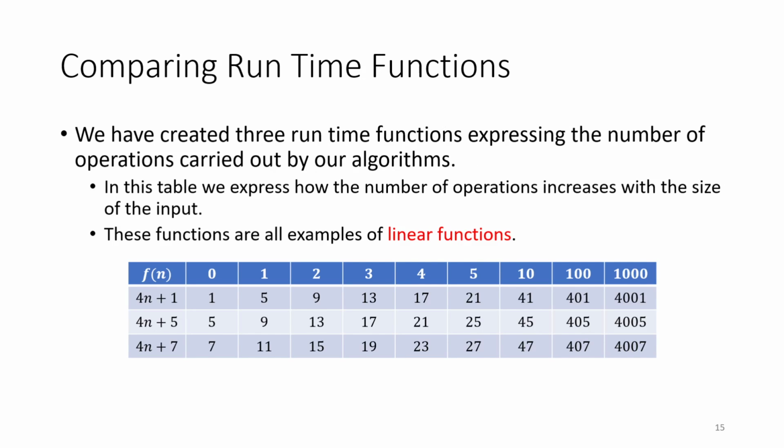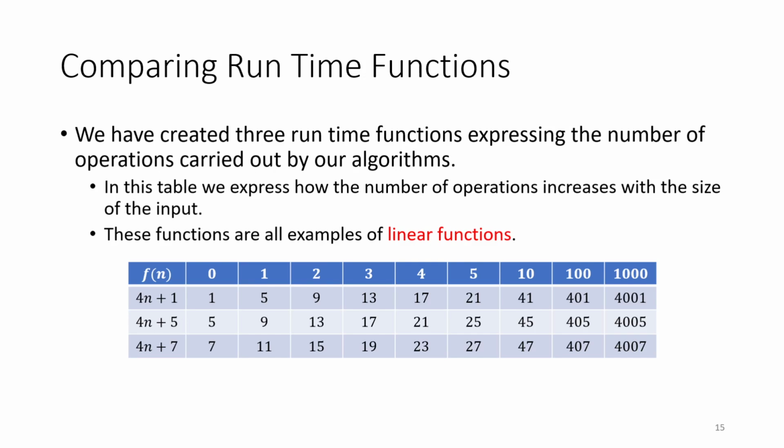So what I've actually done is I've taken those functions and I've plotted a few values of them in our chart here. Now, we actually started with this in the previous video, looking at how many operations we might get for different values, like n equals 0, 1, and 2.